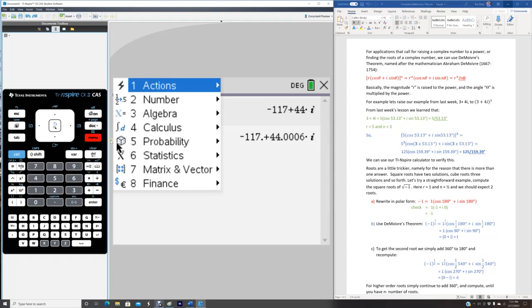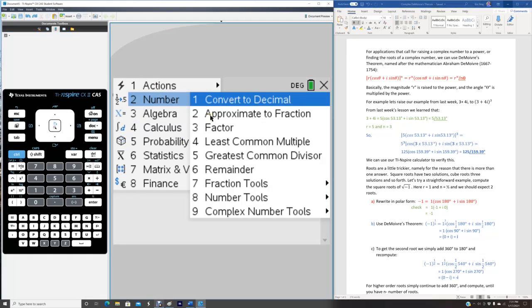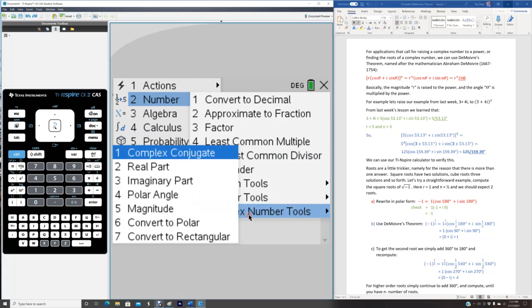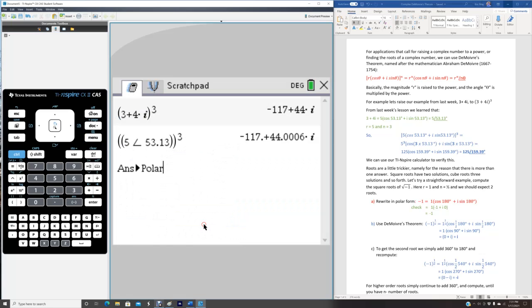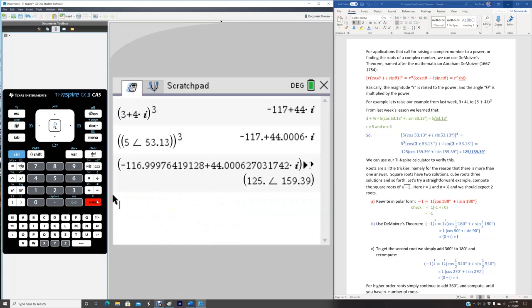Menu, number, complex number, and convert to polar. Enter. And the answer there, you'll see, is the exact same answer we have on the right here, 125 at an angle of 159.39 degrees. So you see you can use your TI-Nspire calculator for any complex number calculations.